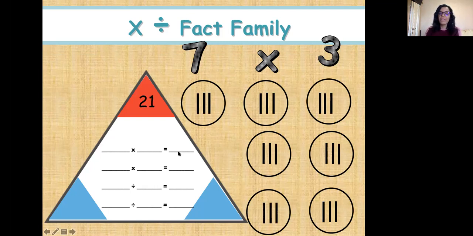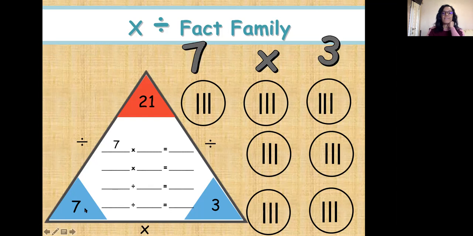I'm going to find out that it is 21. The 21 is always at the top, okay? And then I can put in my 3 and my 7, and I can go ahead and start doing my fact family, okay? So 7 times 3 equals 21, or 3 times 7 equals 21. 21 divided by 7 equals 3, or 21 divided by 3 equals 7, okay?